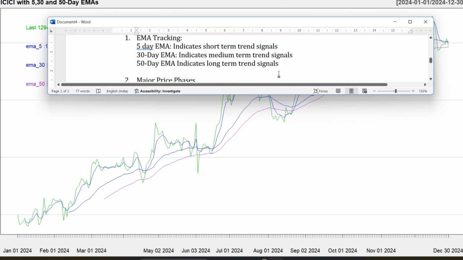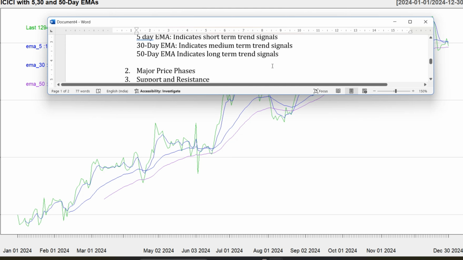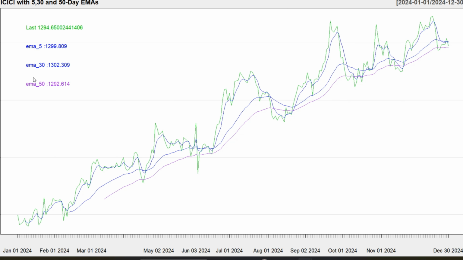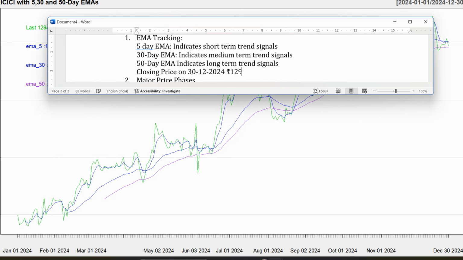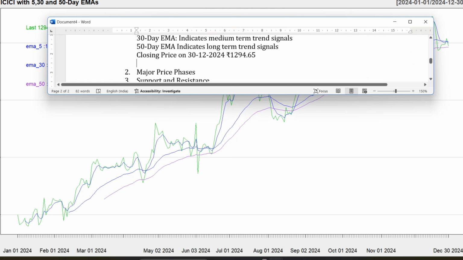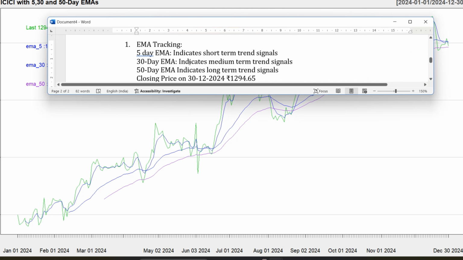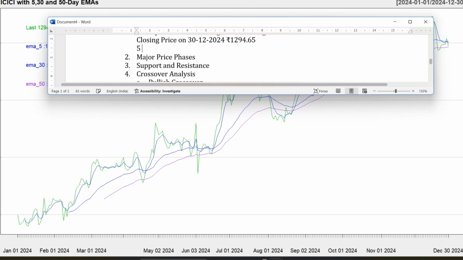Then we can mention the readings. That is this one. Last closing price: how much? Closing price on 30th December 2024, rupees 1294.65. Then again, you can mention all this.